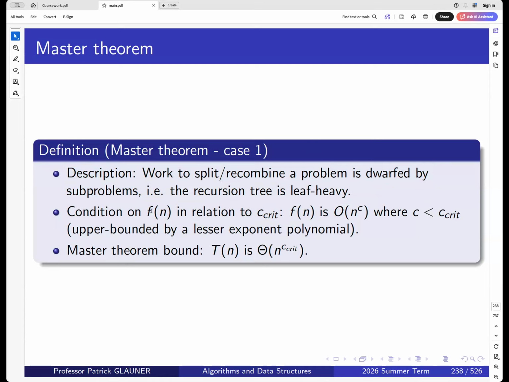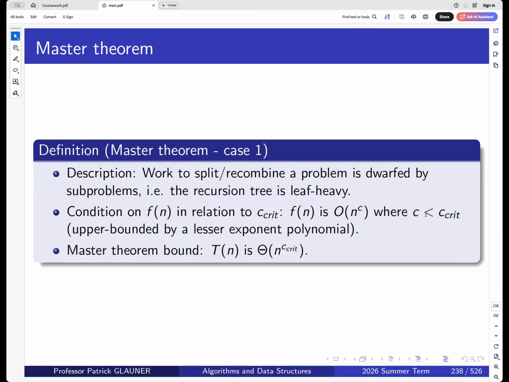And if we say that our function f of n is O of n to the power of c, where c is obviously a constant, that means f of n can be described by some polynomial in its O complexity. And we say that this power c is less than c critical.